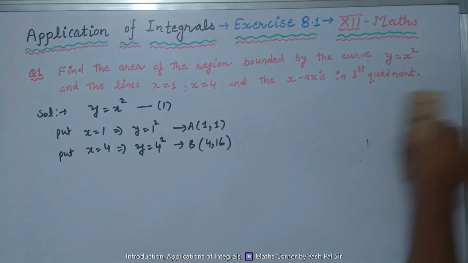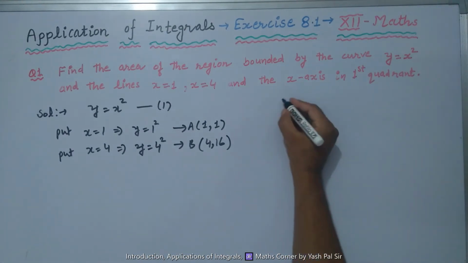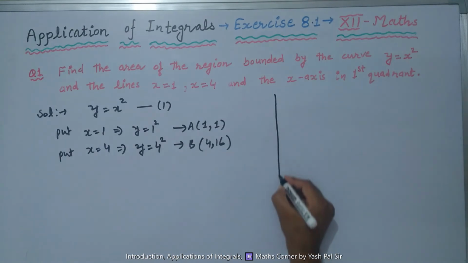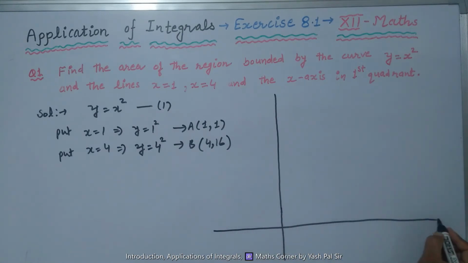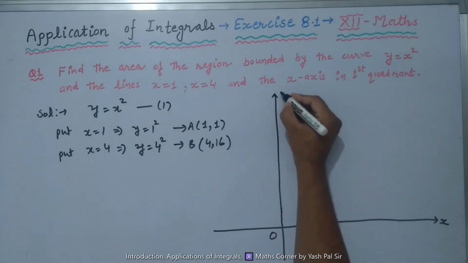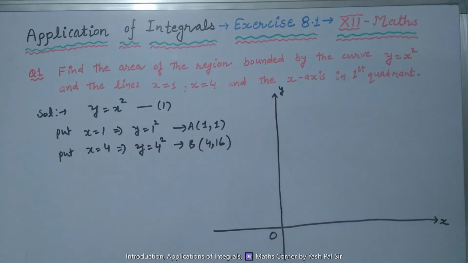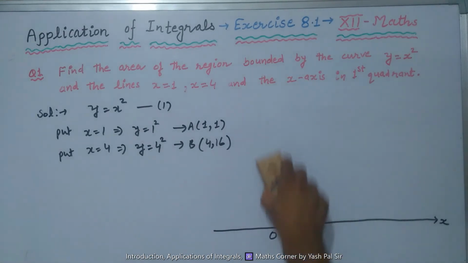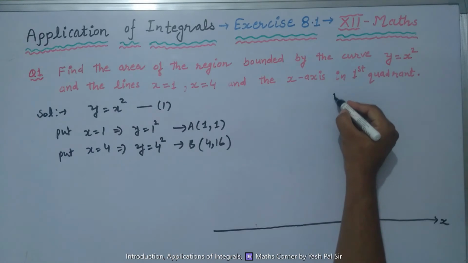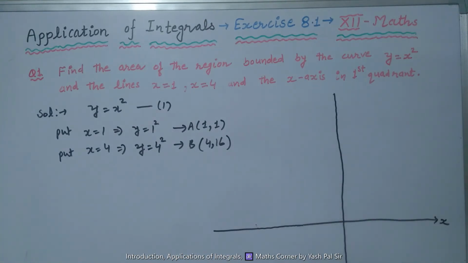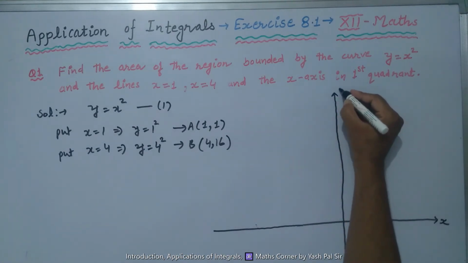So this way now we can sketch the graph. How we can sketch the graph? This is the Cartesian plane, right? In the Cartesian plane, this is x-axis, this is origin and this is y-axis. Moreover, what we can do here, we can say this is the y-axis.